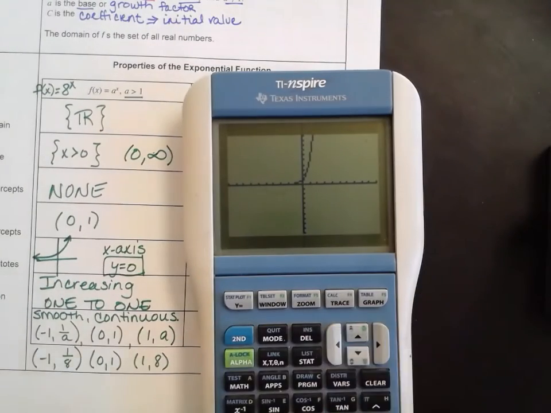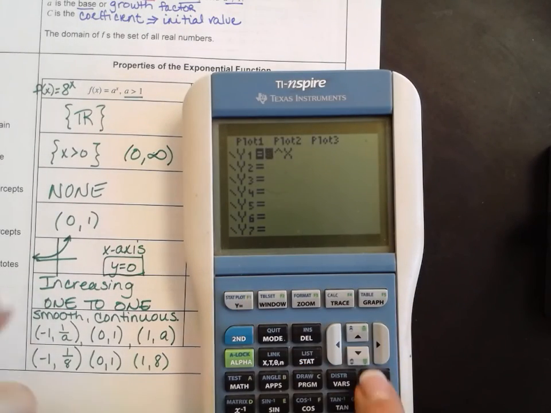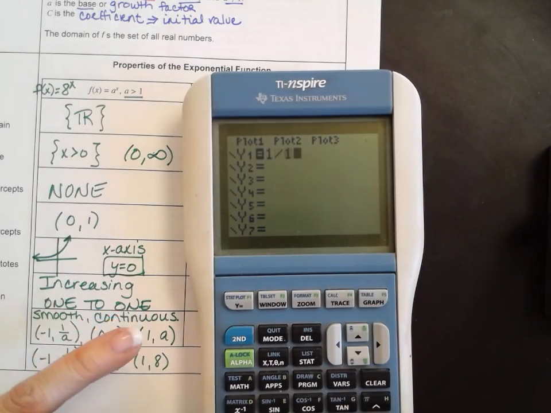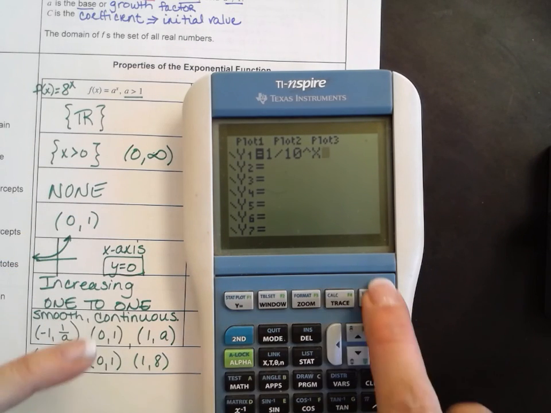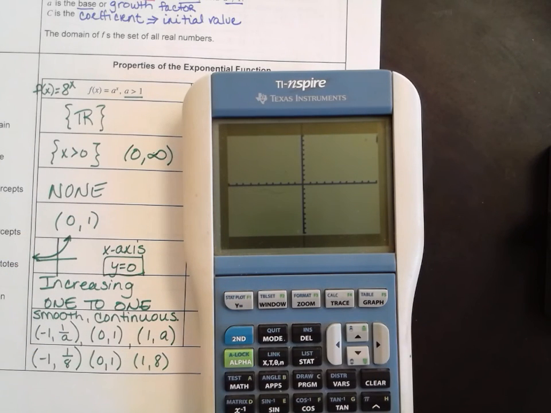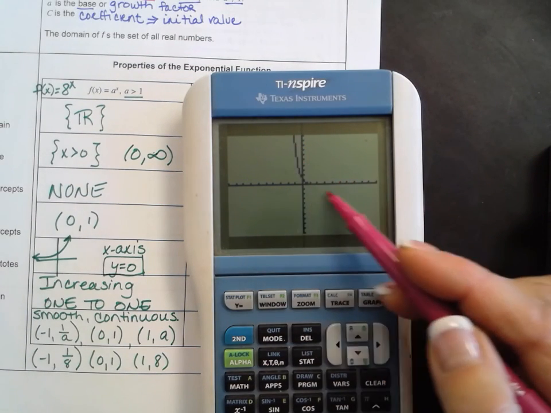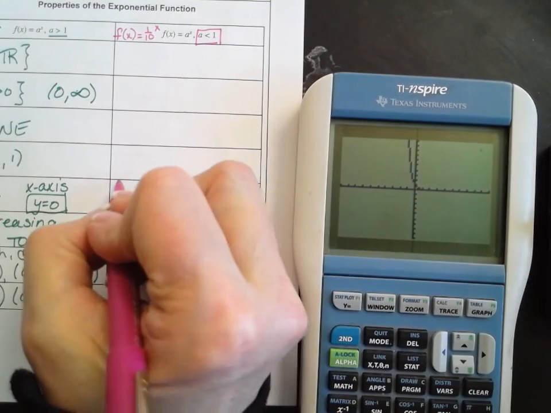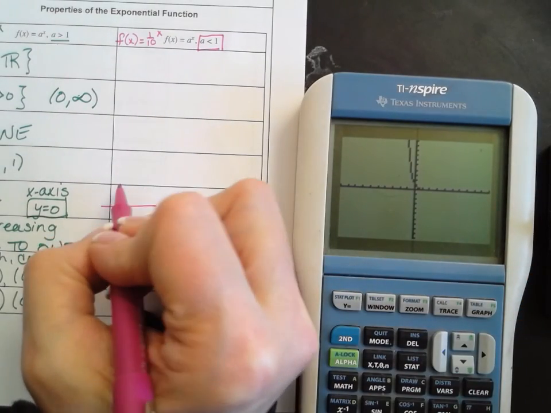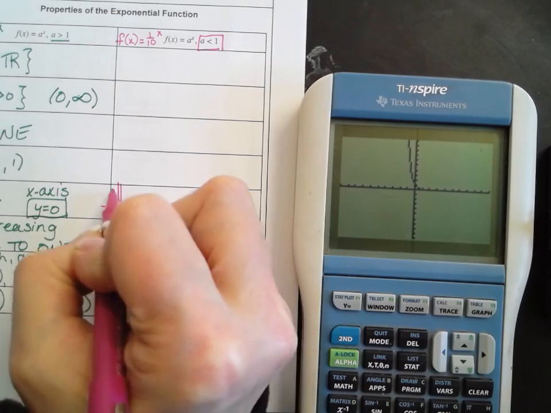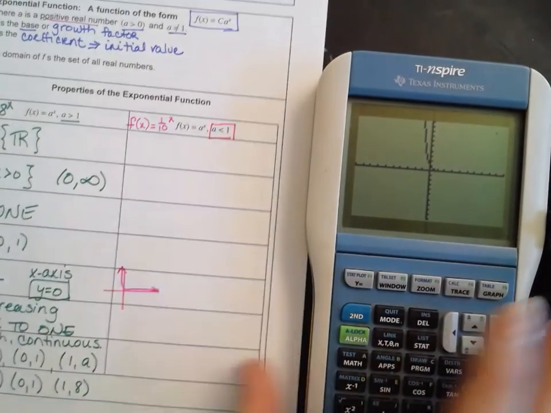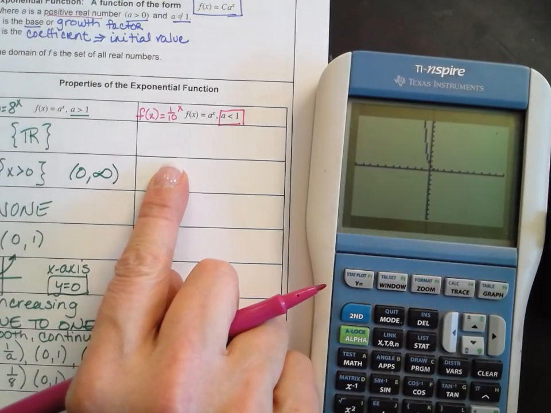All right, let's look at what that graph looks like. What's the difference? It's coming down this time. What's my domain going to be?